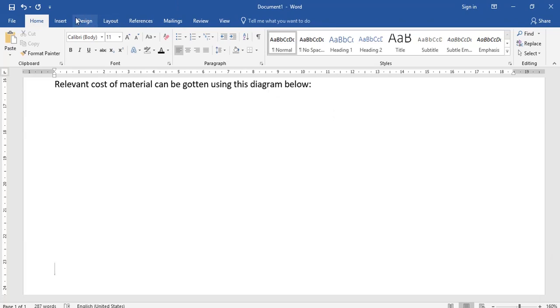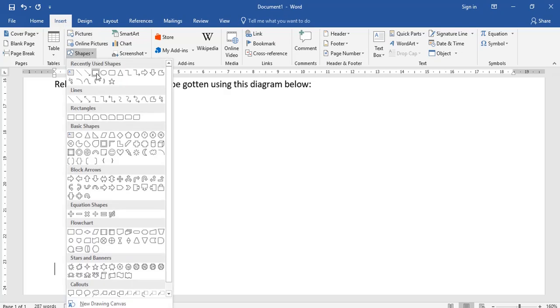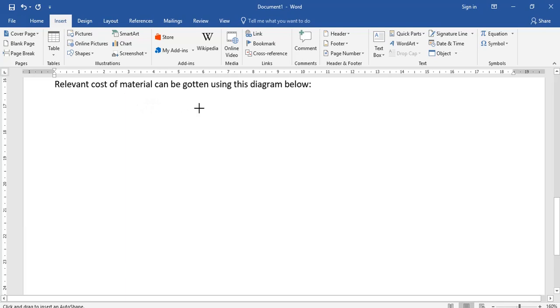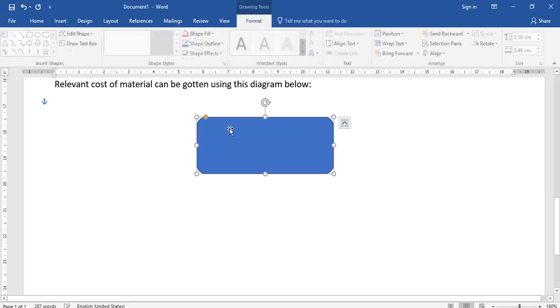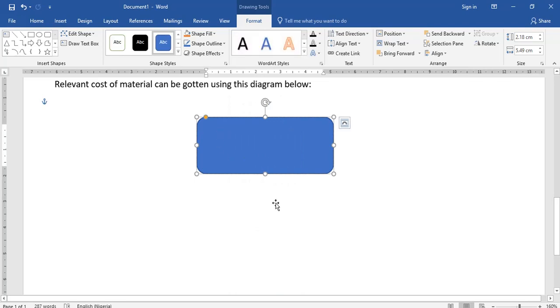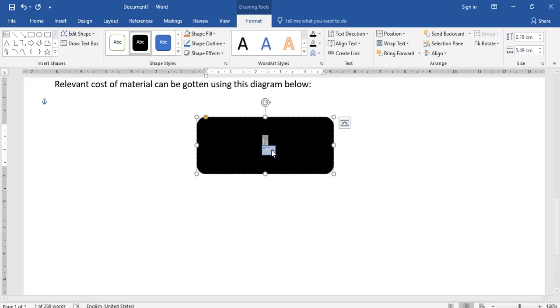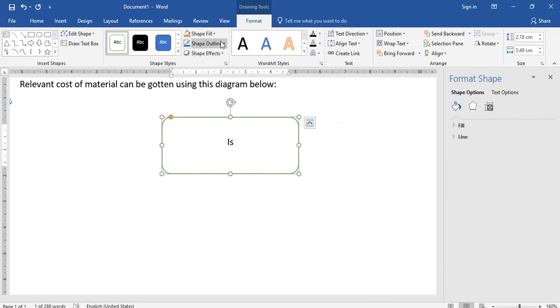Let me use this color, then use this shape outline.